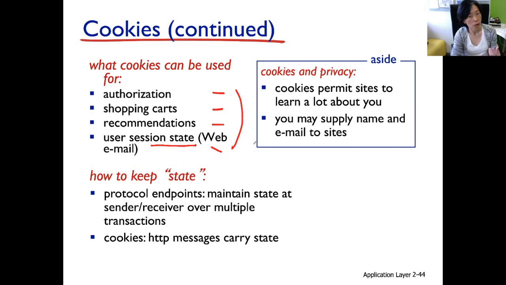Quite convenient. Otherwise, when I read my Gmail, I would have to log in again and again and again. There's no way we could live like that, right? So, convenience. But on the downside, those websites would be able to learn a lot about you.